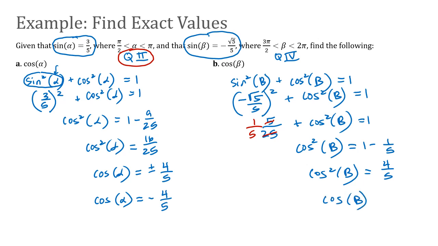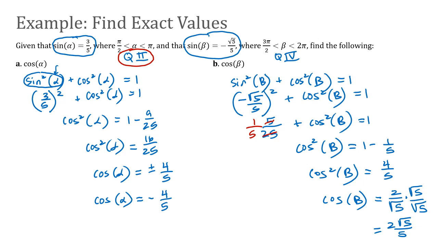And I'm going to also rationalize the denominator. This is going to give me square root of 4 is 2, and the square root of 5 is the square root of 5. So I could write this as 2 over square root of 5, but I'm going to rationalize it because most books are written that way. This is going to be 2 times the square root of 5 all over 5.